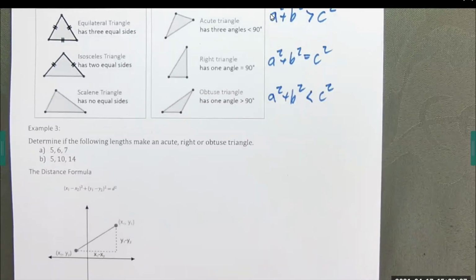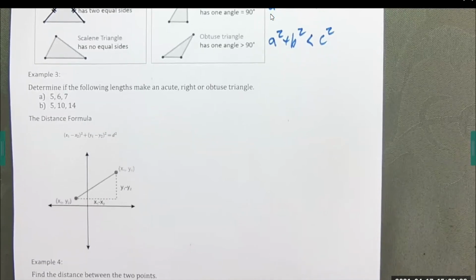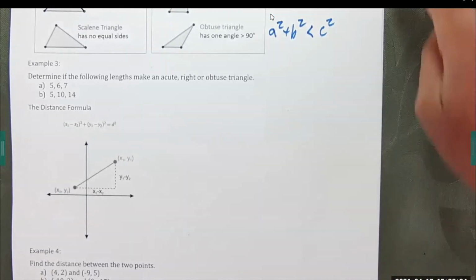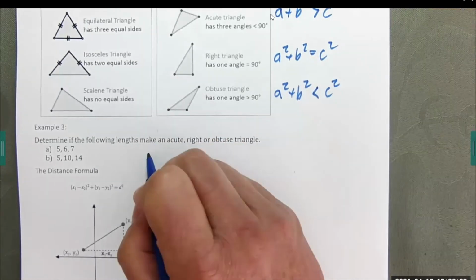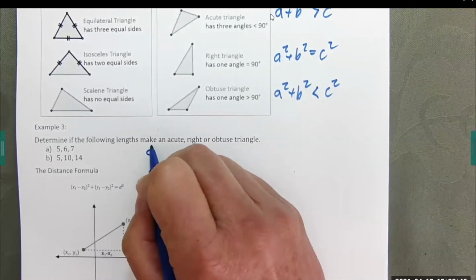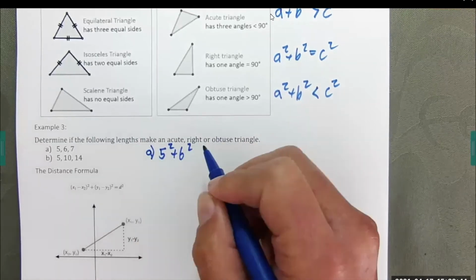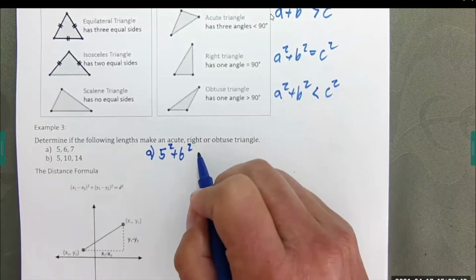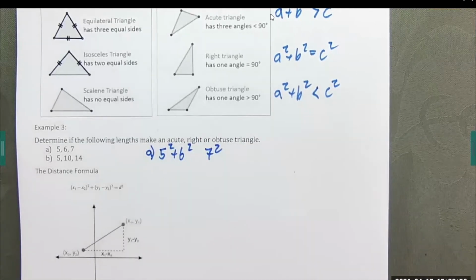So whatever that means in the context of that particular triangle. Let's do an example to determine what we have. Maybe keep that in frame. So let's do part A. 5 squared plus 6 squared, and then we have 7 squared, and we don't know what's going here yet.